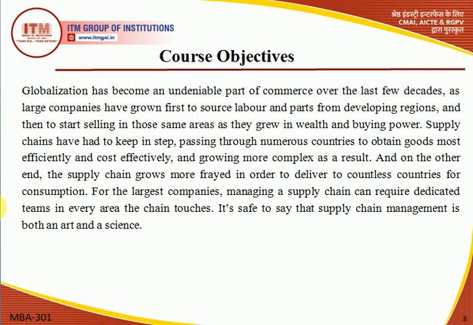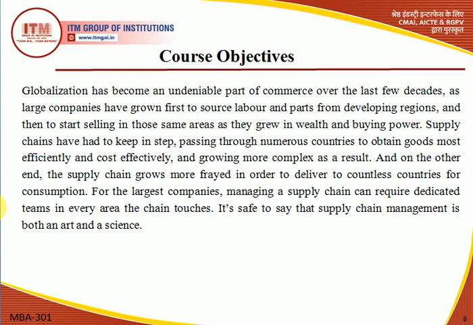Now the main course objective of this subject is that globalization has become an undeniable part of commerce over the last few decades, as large companies have grown fast to source labor and parts from developing regions, and then to start selling in those same areas as they grew in wealth and buying power.